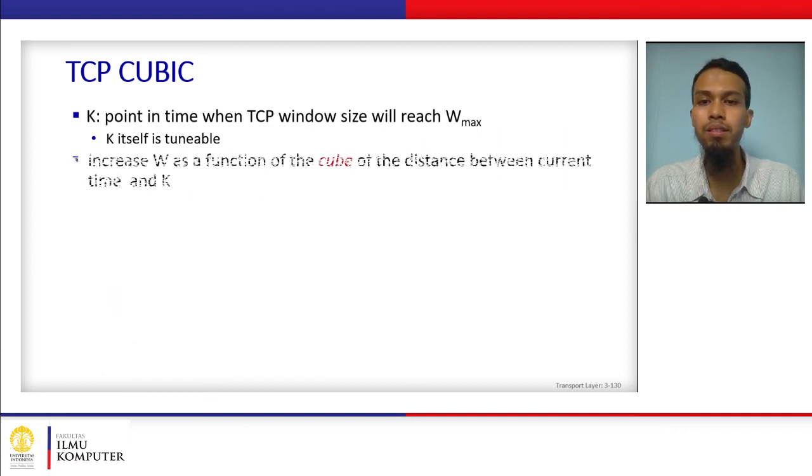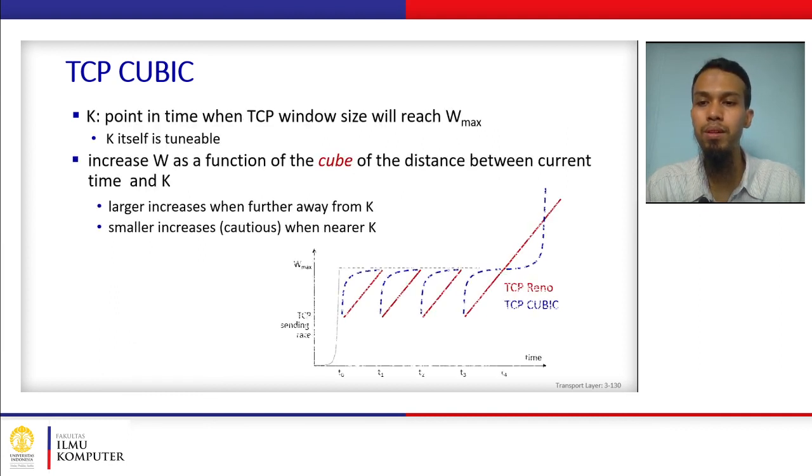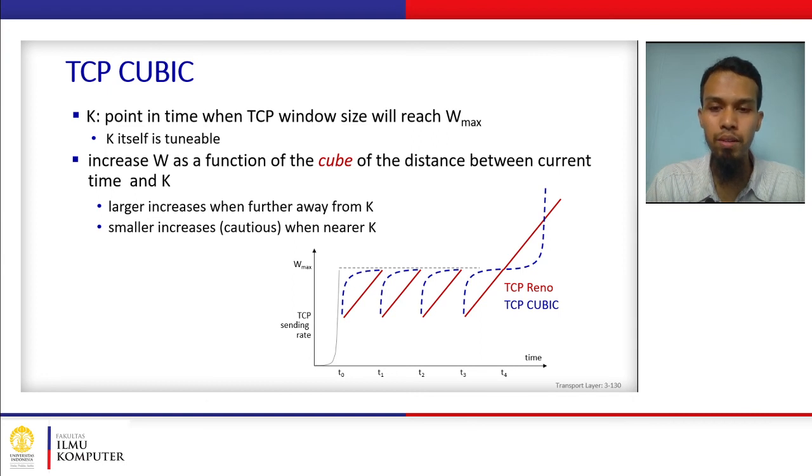And the intuition is we try to have a larger increase when we are further away from K. So let's say K is the W max, and we can set the value of K. And when we reach or get closer to K, then we are increasing slowly. Okay, so this is TCP CUBIC.